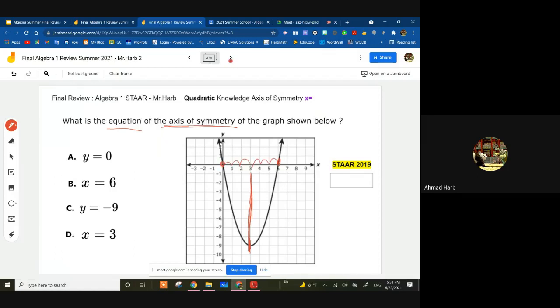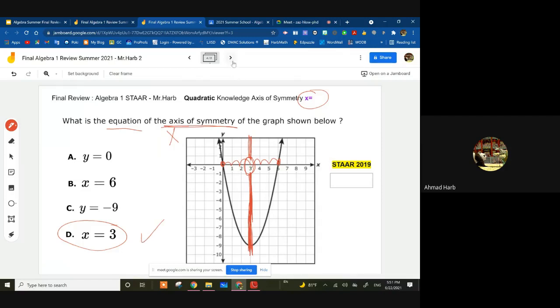So it's very symmetrical around x equals 3. So the equation is x equals 3. So axis of symmetry is always equal to x. And whatever the x crosses, the axis of symmetry, the line in the middle, that'll be the answer. So x equals 3 is the axis of symmetry.